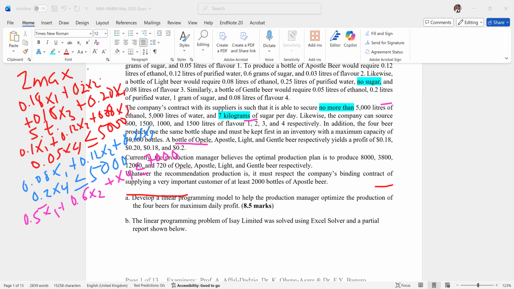Please, a quick one. When we look at the unit of the sugar, they are all in grams, and then the 7 kilograms had to be converted. So in the event that we are dealing with kilometers and meters, and you are not really sure of how to do the conversion, does that mean you are dead?